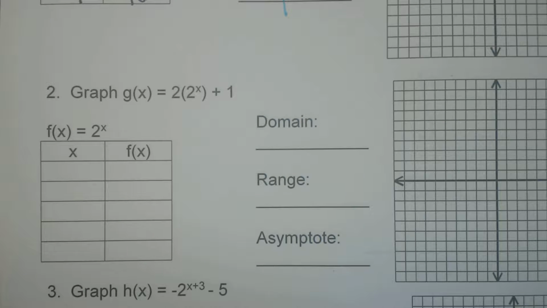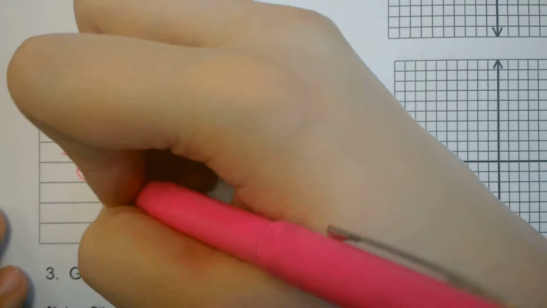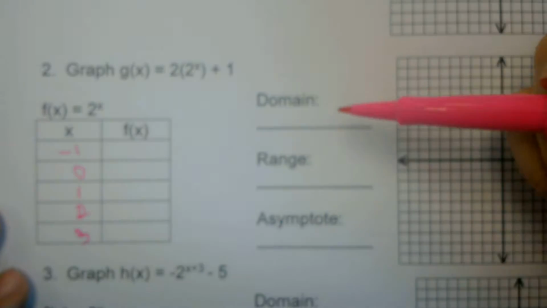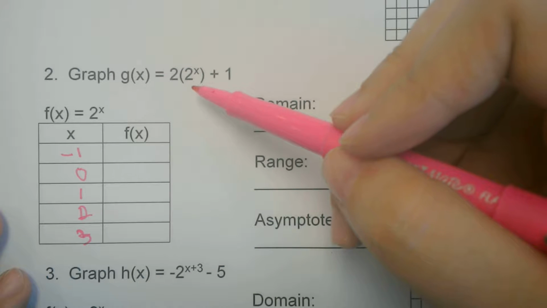So if I have the function 2 times 2 to the x plus 1, I'm going to start my table at negative 1, 0, 1, 2, and 3. And so if I have 2 to the negative 1, that's 1 half.